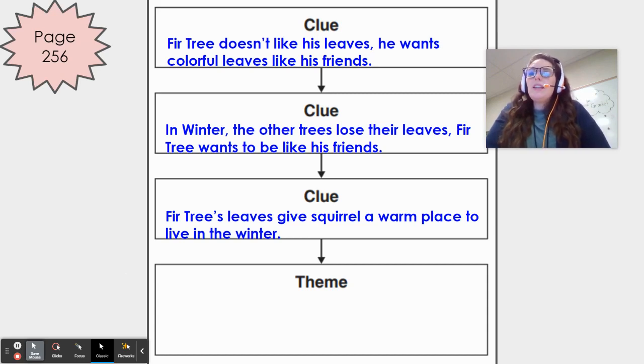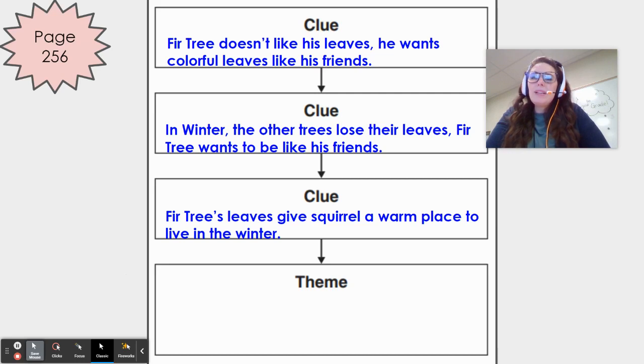What do you think the theme or the message or the lesson is in this story, second graders? The whole story, Fir Tree is complaining that he does not have leaves like his friends, like the other trees, and all he wants to do is be just like them. But what does he learn?